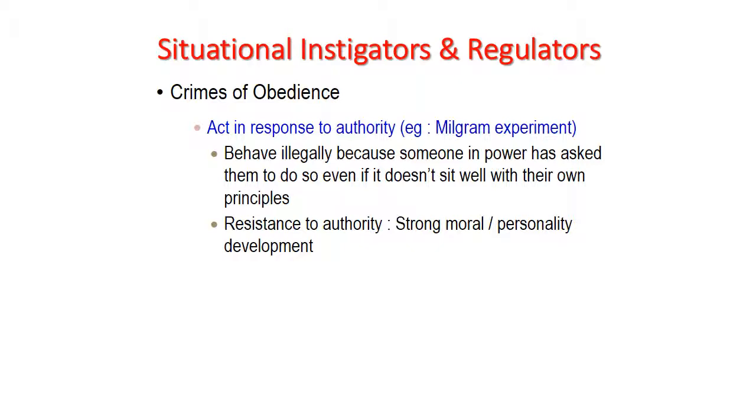One clear example that you probably remember is the Milgram experiment that you may have covered, where participants were asked to administer electric shocks to so called learners when they got an answer wrong.